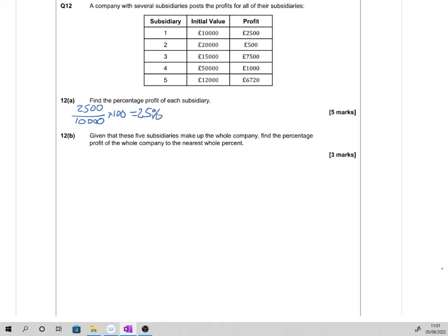Next one, 500 divided by 20,000 times 100. So 500 divided by 20,000 is 2.5%. Third one, 15,000, sorry, 7500. So 7500 divided by 15,000 times 100 is 50%.